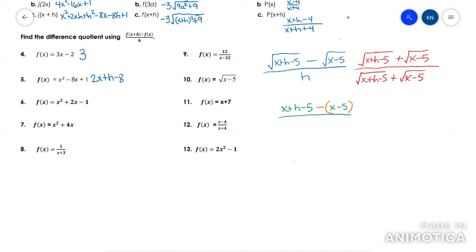I wouldn't change the bottom. I would just leave it as h times that binomial, root of x plus h minus 5 plus root x minus 5, like that. Okay, on top you will have to distribute this minus sign. So it's going to become x plus h minus 5 minus x plus 5 over that same thing.